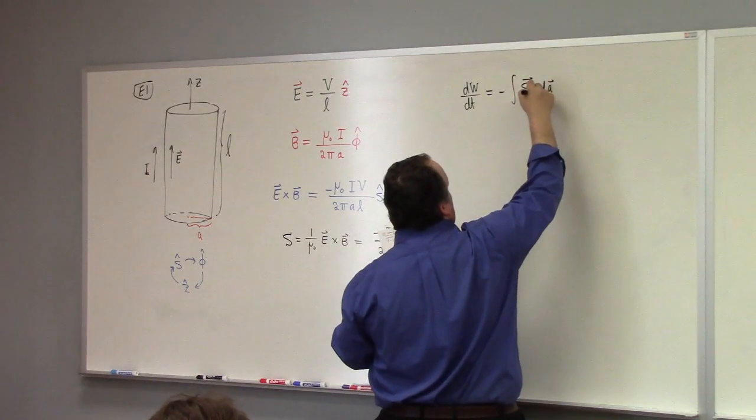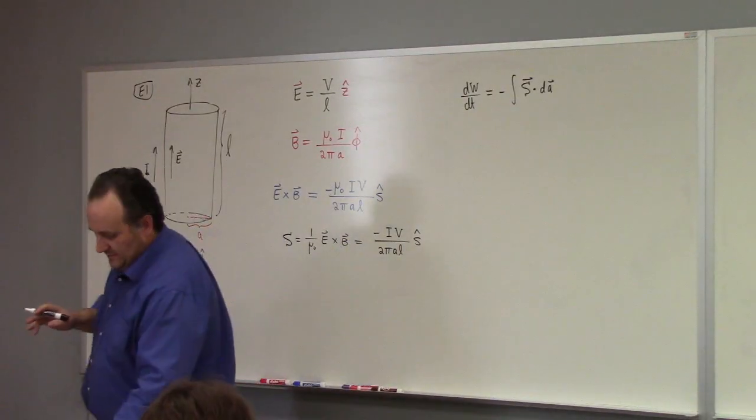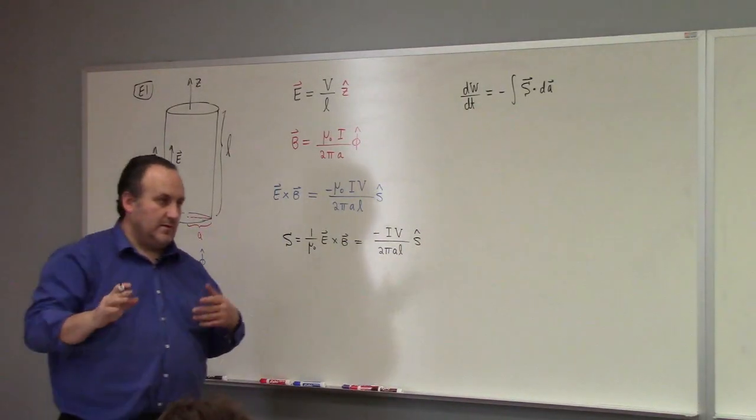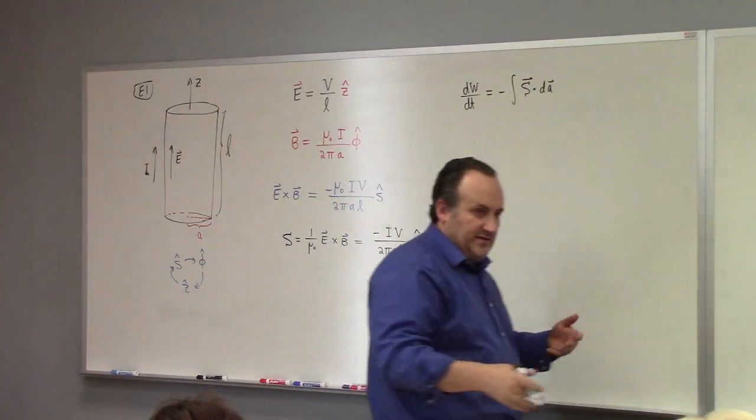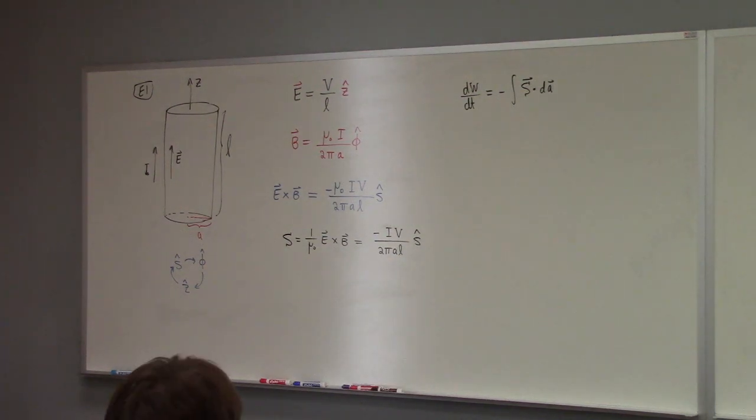Now, there's another term that was based on the time derivative of the energy density, right? I'm trying to remember it. The term I'm leaving off here, if I can find my way back to it.